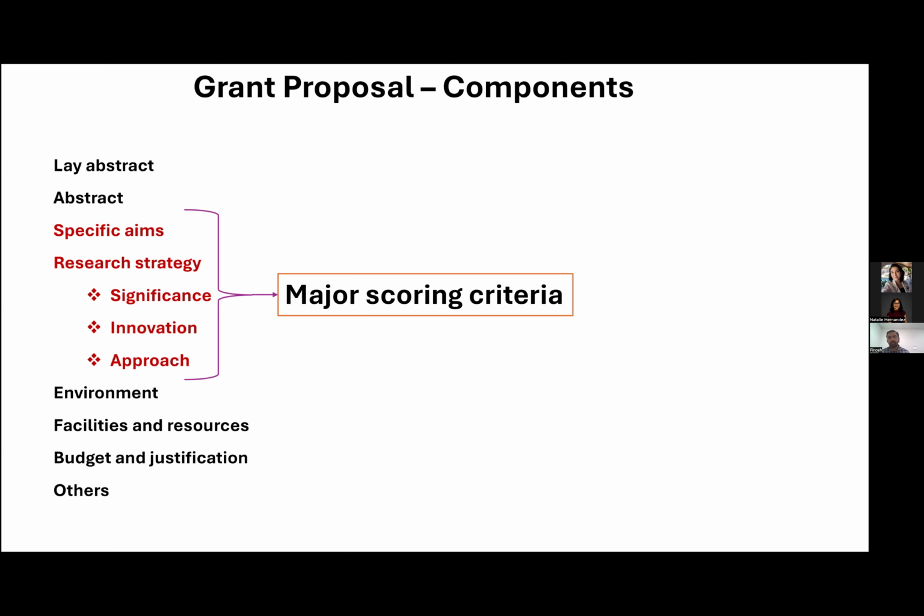And abstract is a comprehensive overview of your study. And then specific aims, usually there will be a one page specific aim that will give an overview and a comprehensive strategy of your entire research. And then research strategy, we can split into significance, innovation, and approach.